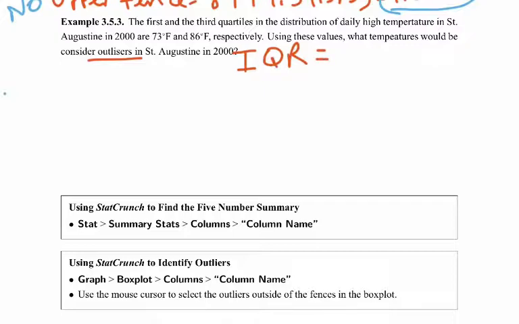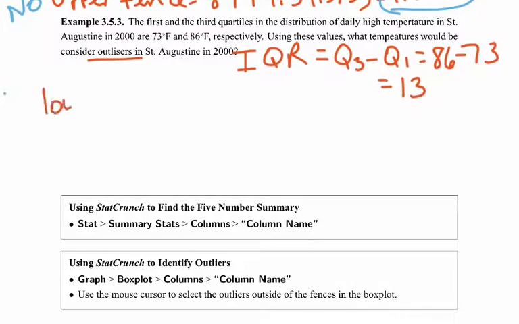So the IQR, with the first and third quartiles, is going to be Q3 minus Q1. They gave us that. We have 86 minus 73, and that gives me a value of 13. And so my lower fence is going to be the lower quartile, 73, minus 1.5 times 13.